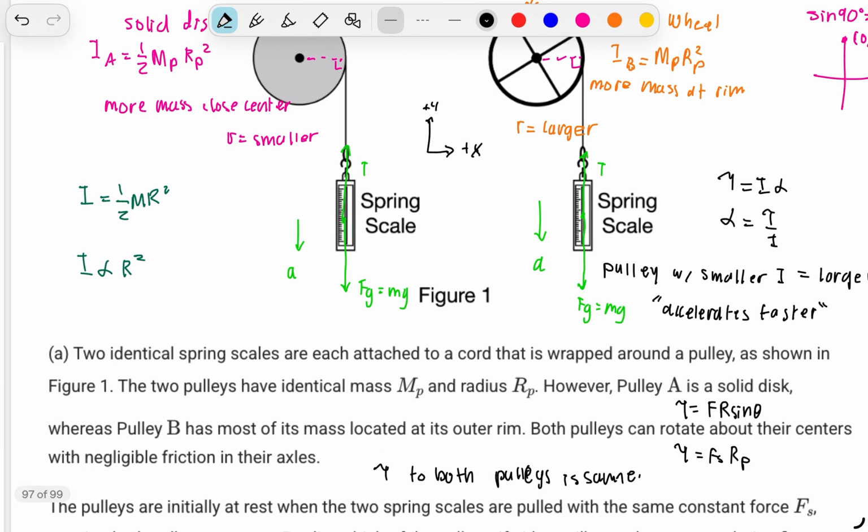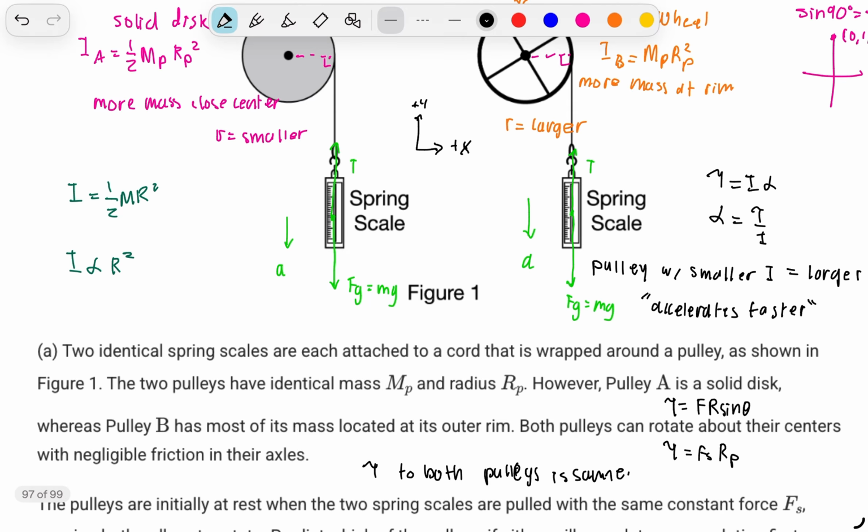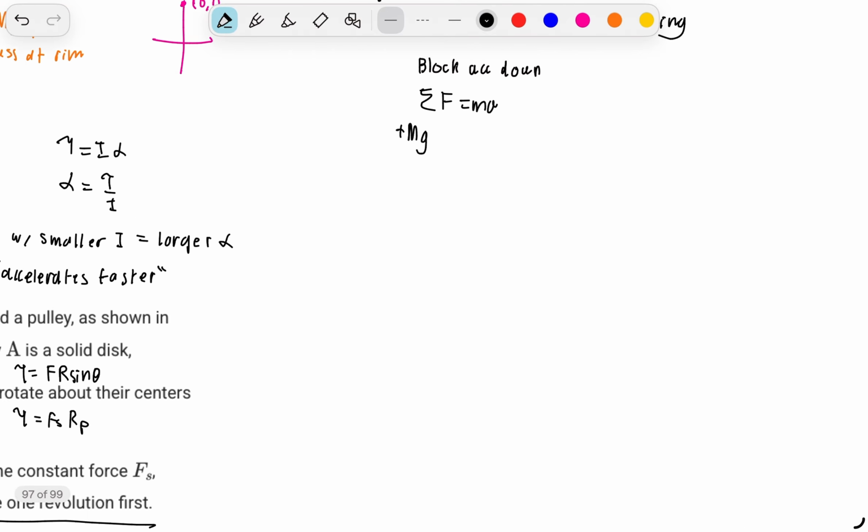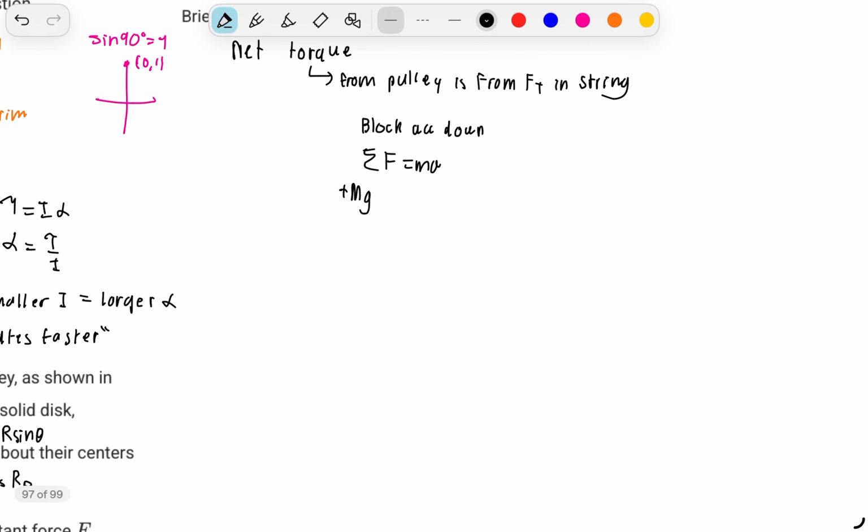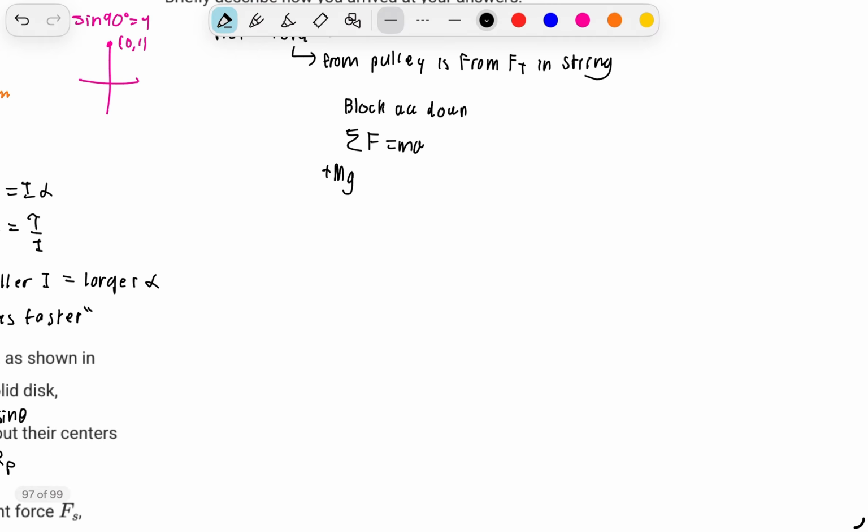So we're going to declare that this is the positive y, because we can make it easier by making the downward our positive direction for acceleration. So you're going to have positive mg and negative T is equal to ma. So what this means is that as the block speeds up, your acceleration is going to stay constant because your force is going to be constant.